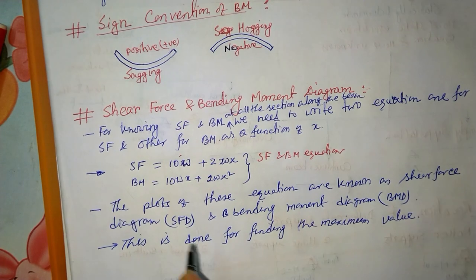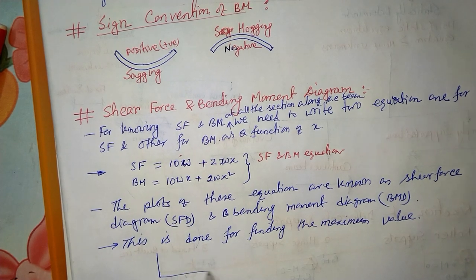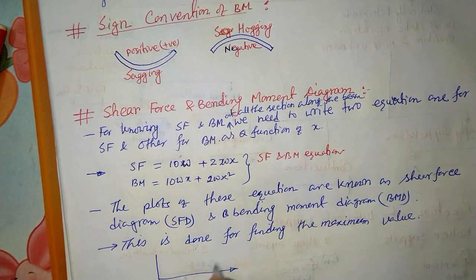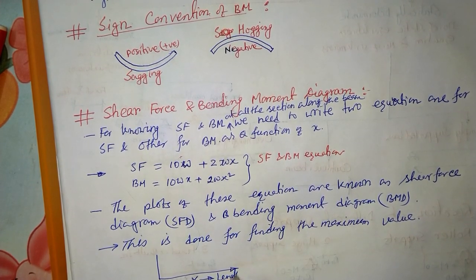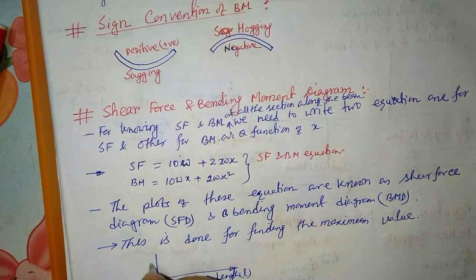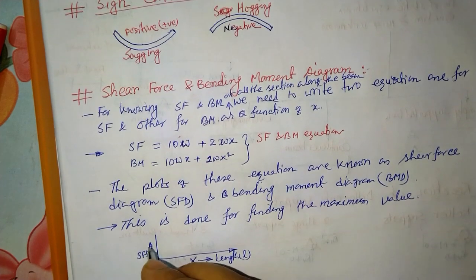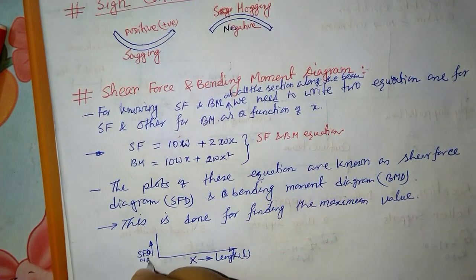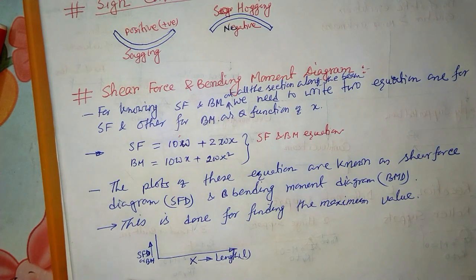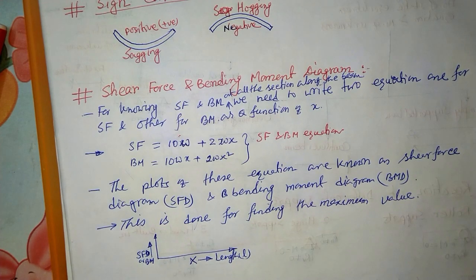And another thing to keep in mind: when we draw the shear force and bending moment diagram, along the abscissa, or you can call it x, we will put the length. On the x-axis we will have the length L, and along the ordinate, or the y-axis, we will plot the shear force SF or bending moment BM. So on the abscissa there will always be length, and on the ordinate always SF or BM.